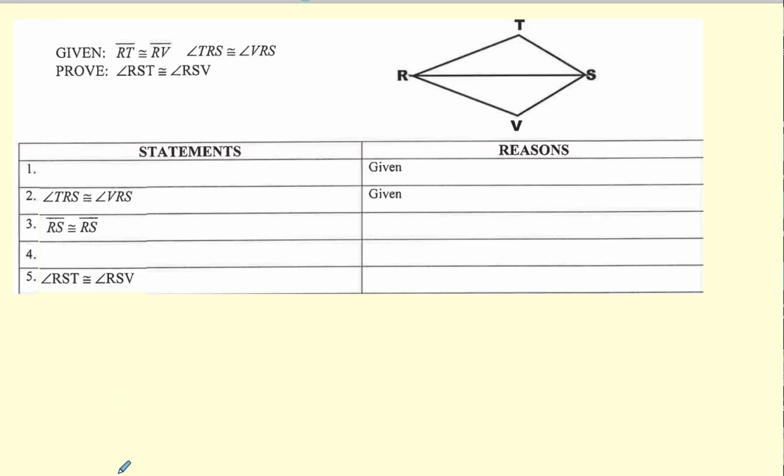Let's do it again. So we have RT congruent to RV, and we have angle TRS congruent to angle VRS, that's this one. We know they have a reflexive side, so this looks like a good candidate for side, angle, side. And once we get the triangles congruent, we can get these extra parts congruent.